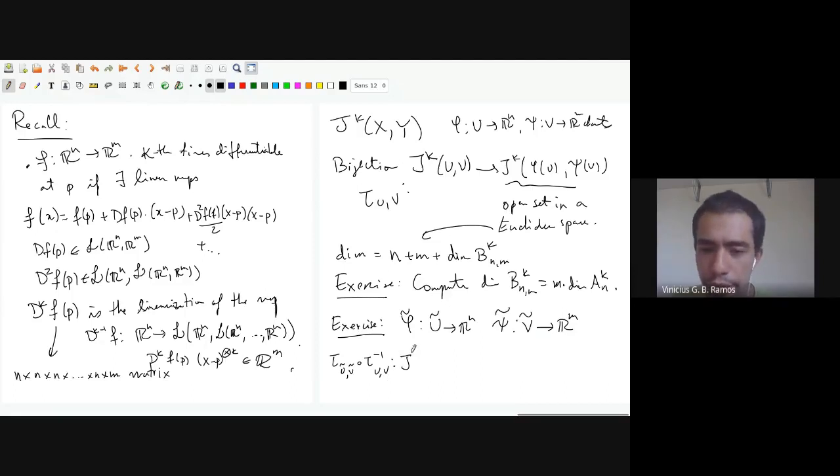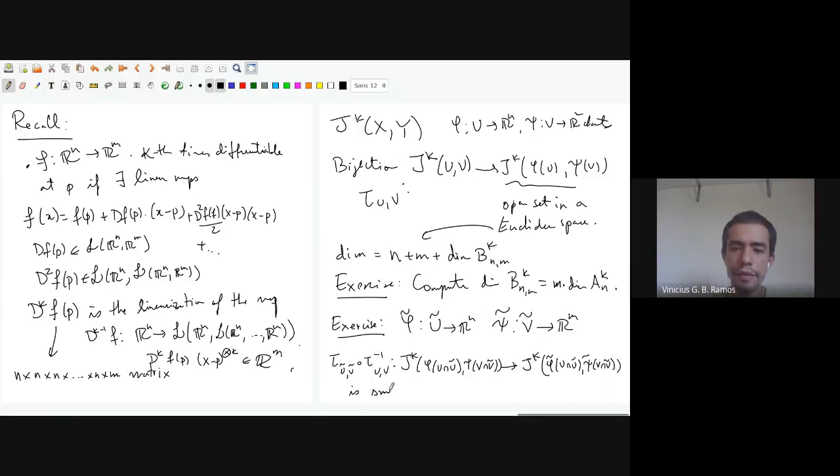So restricted to the jet space, the intersection of U with U tilde, and psi of the intersection of V and V tilde, taking values into this jet space of phi tilde of U intersect U tilde, psi tilde of V intersect V tilde. Okay. So the exercise is to show that this map is smooth.